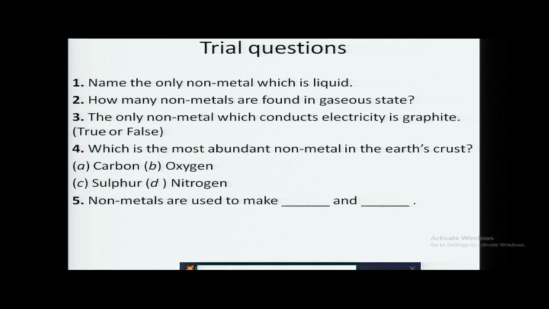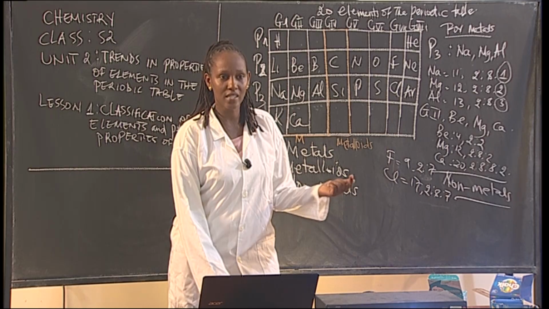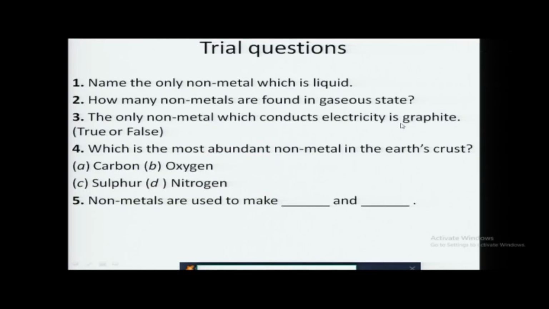You name that one which is in liquid state, and how many nonmetals are found in gaseous state. Next, the only nonmetal that conducts electricity is graphite. Is it true? Have we mentioned that?